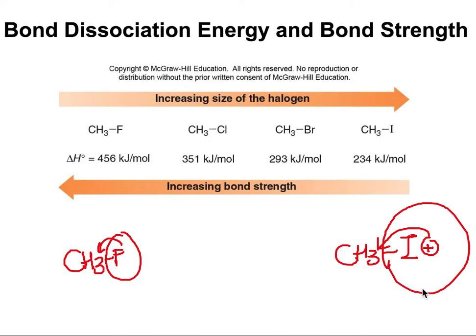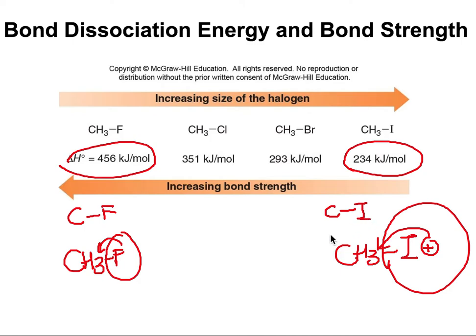So this bond right here is easier to break than this bond right here, and that's why we need to put in less energy. Look at this number right here. We need to put in less energy to break that C-I bond than we have to put in to break that C-F bond, because remember, we're looking at C-F versus C-I.